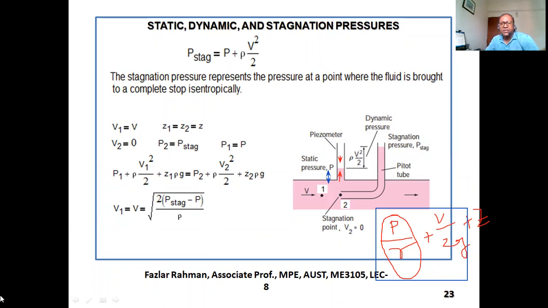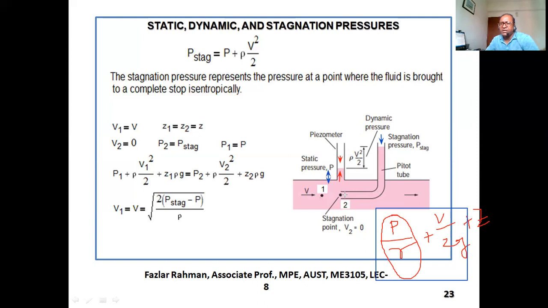So that's why in this pitot tube, at the top, atmospheric pressure is still acting. And right over here, you reduce the velocity to 0. So the kinetic energy of the fluid is converted into pressure energy.